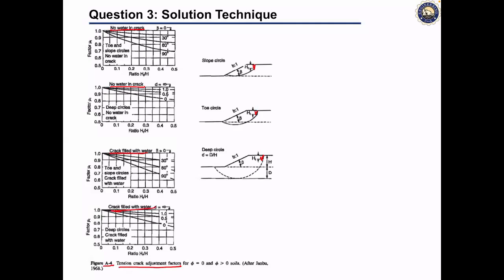If we have no water in the crack or a crack filled with water, then for the particular circle, we need to find HT over H, where HT is the height of the tension crack, and from there we can find mu T. But if we have no tension crack, like in our question, then mu T will be equal to 1.